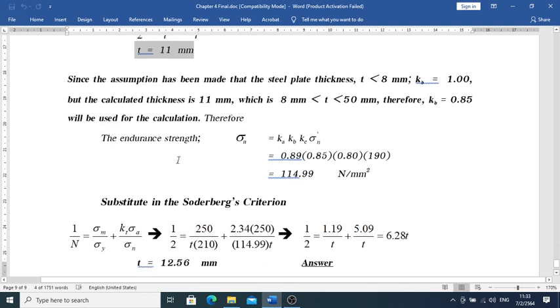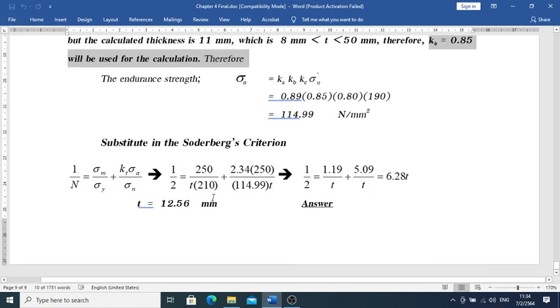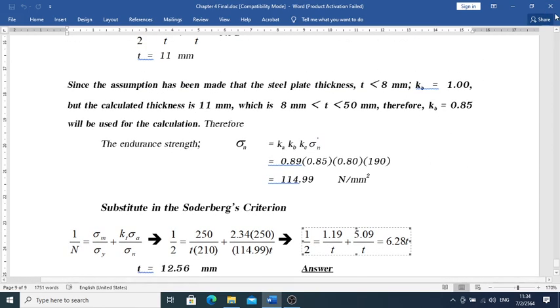I get K_c and K_b one more time, which is going to be 0.85. So I got the real calculation. It's going to be 12.56. So this is the answer. All right.